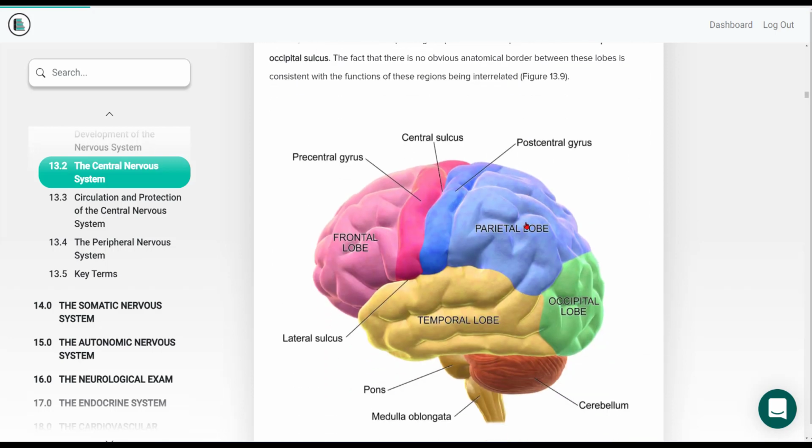Let's take another look. We're still looking at the left side of the brain. I'm going to add just a couple more features to what we just learned. We see the frontal lobe, parietal lobe, temporal lobe, and occipital lobe, the same as before. We see the cerebellum, and this particular image has two other brainstem structures labeled, the pons and the medulla oblongata.